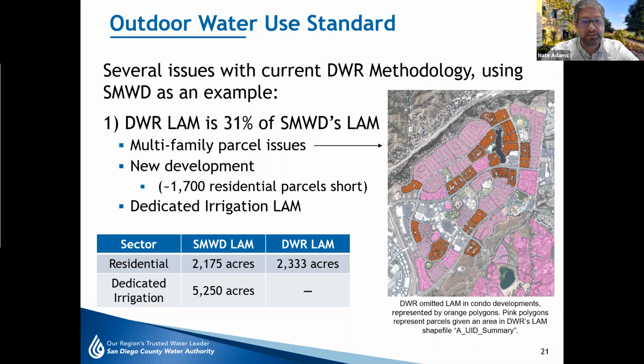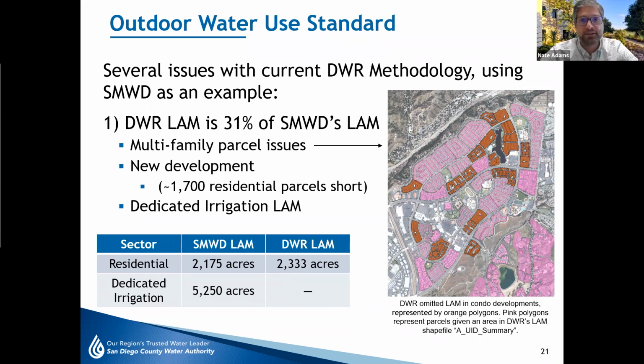Another known issue we all know of, but it's still true: DWR is hanging their hat on the aerial imagery. I believe it's from 2017 or 2018. Either way, it's a point in time, and obviously we aren't in a point in time. We continue to grow, and for utilities or water districts with known growth since 2018, that landscape area is not going to be represented by DWR's measurements.